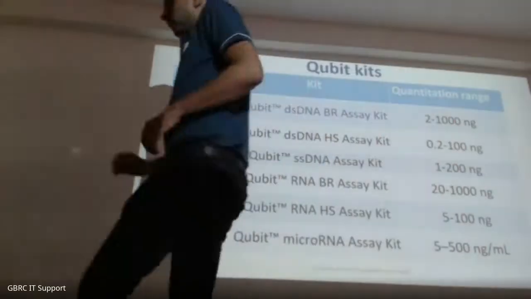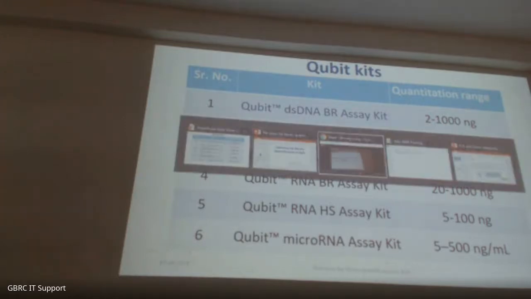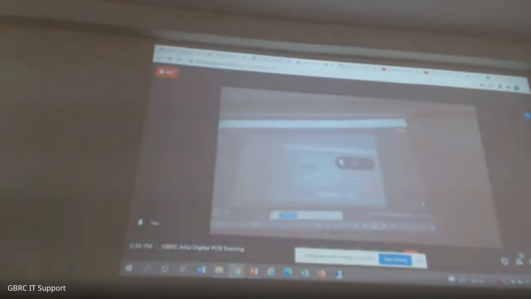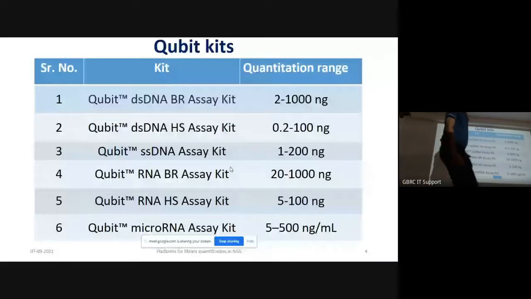Various kits are available for Qubit quantification, like the DNA broad-range assay kit. The quantitation range is 2 to 1000 nanograms.